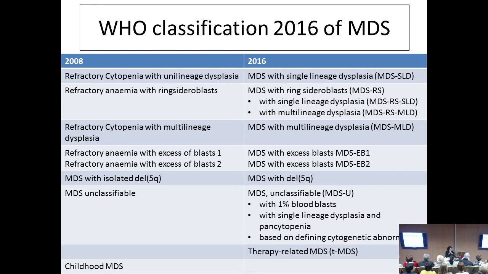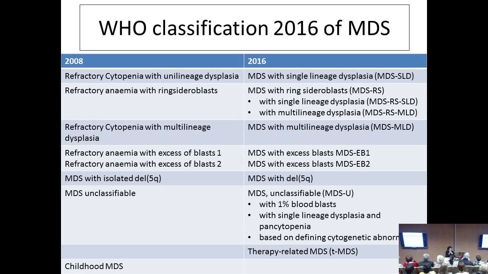In the old classification it was MDS with isolated deletion of 5q. Now one additional chromosomal abnormality except loss of chromosome 7 is allowed, and it's still 5q minus syndrome, or MDS with deletion 5q.